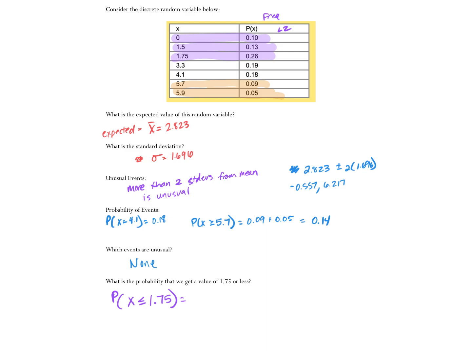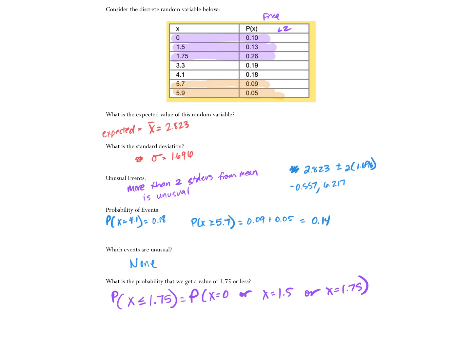So what we do is add together those probabilities. There's no difference between me saying x is less than or equal to 1.75 and the probability x is equal to 0, or x is equal to 1.5, or x is equal to 1.75. And we learned yesterday that addition rule, that or means we add probabilities but subtract overlap.